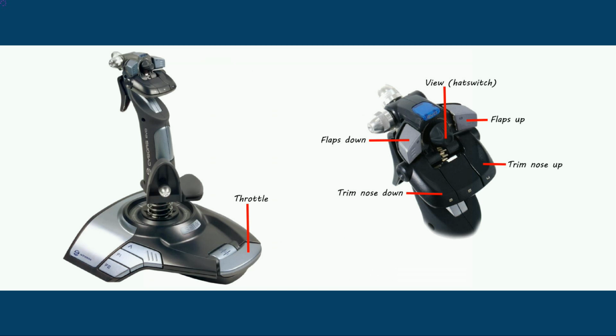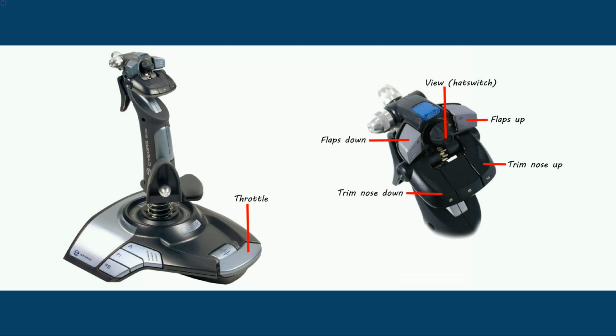buttons. First, on the one side you have the flaps down, and immediately below that you have a trim nose down, and on the other side you have a flaps up and trim nose up button. Why so?